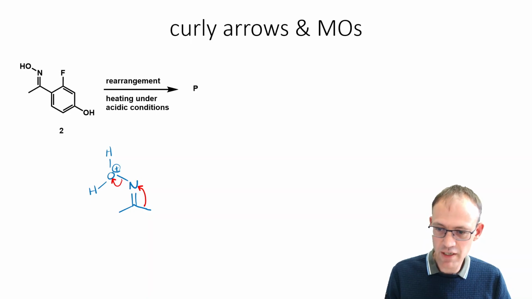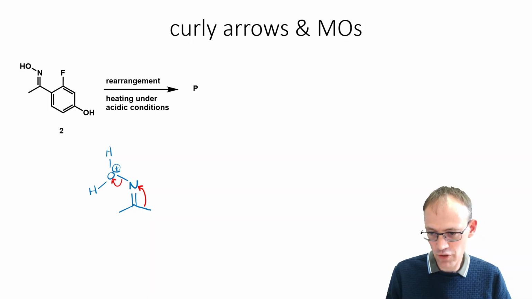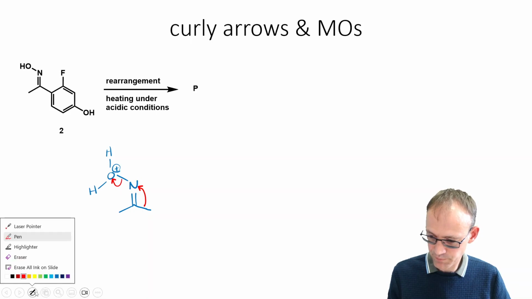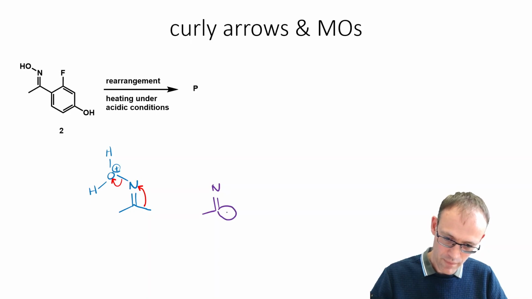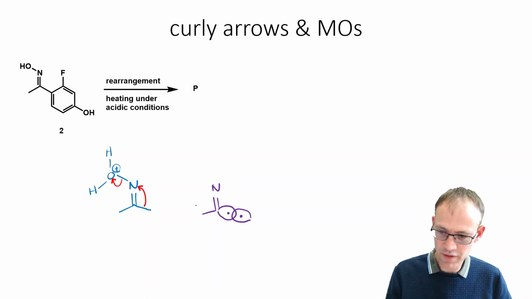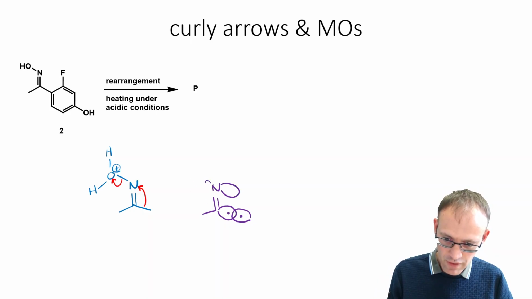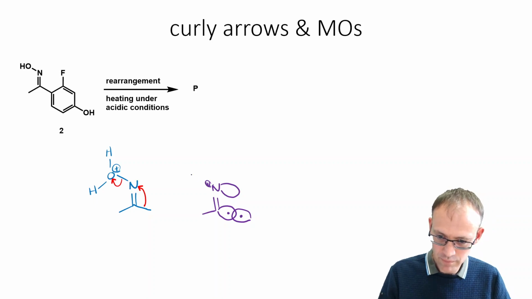Again, I start the curly arrow on the electrons on the bond and they go to the oxygen. So if I look at that in terms of the molecular orbitals, that was my filled sigma orbital that has a good overlap. Just the oxygen.